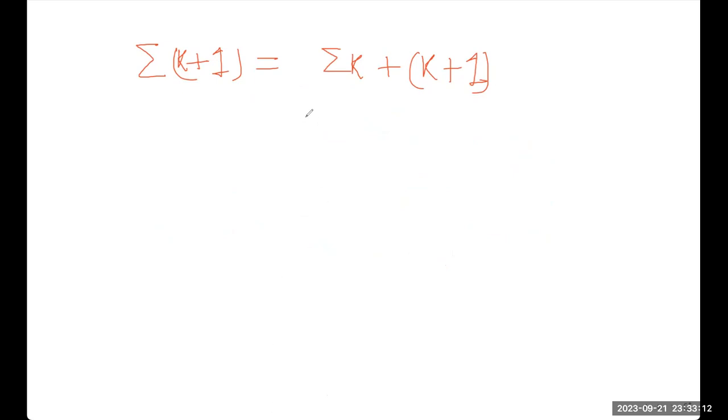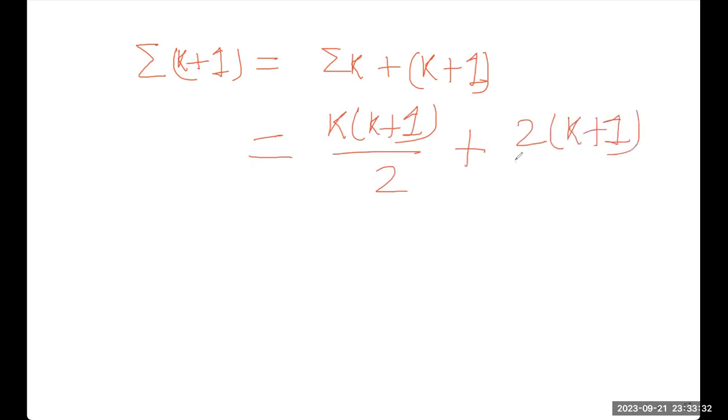So see what it means: now I know summation of k is k into k plus 1 by 2, and k plus 1, can I write it like I multiply the numerator by 2 and divide the denominator by 2? Can I write it like this? Yes.